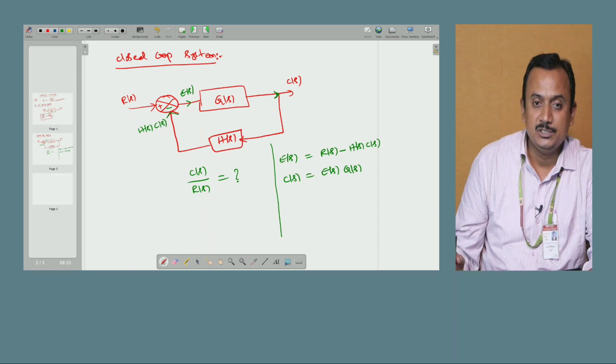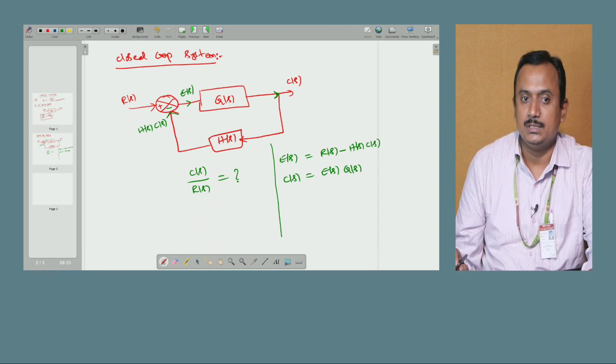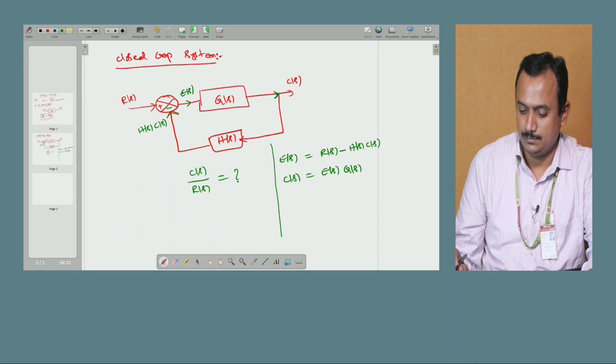Now with the help of these two equations, we can find out the transfer function for the closed loop system.